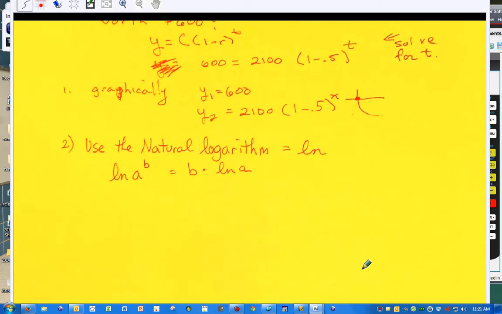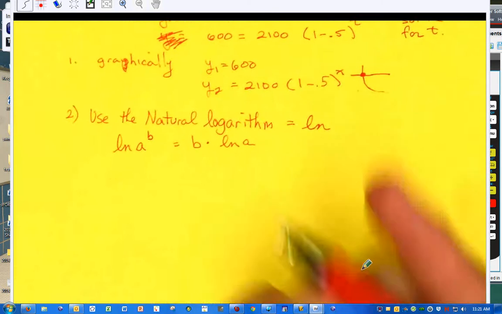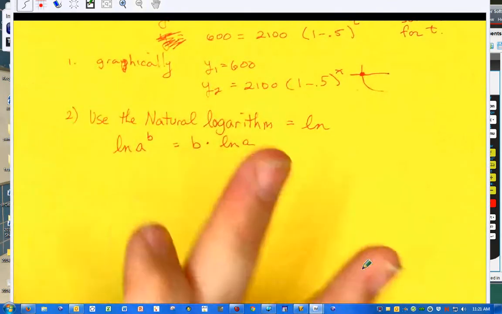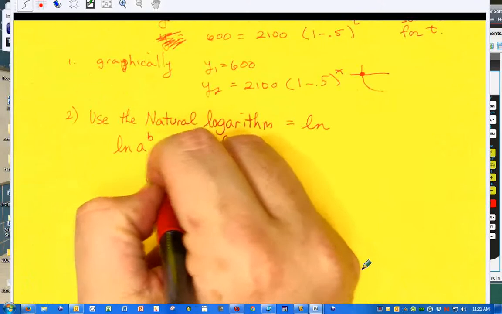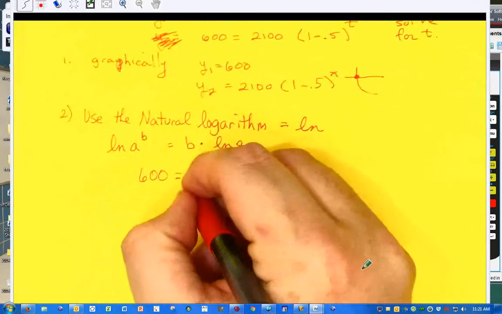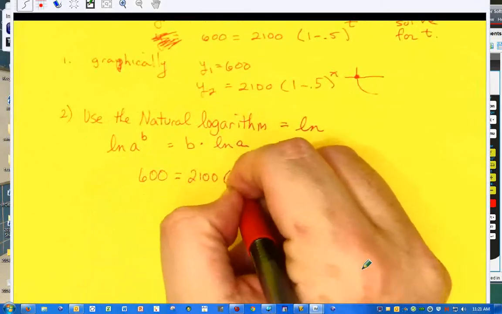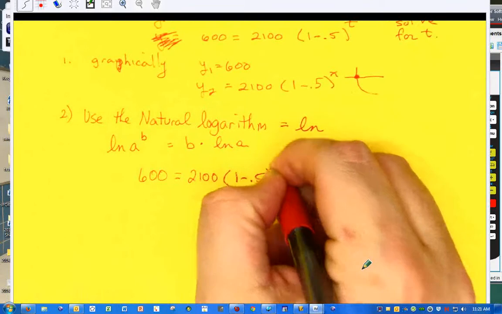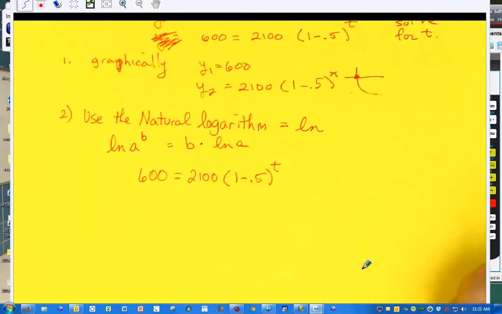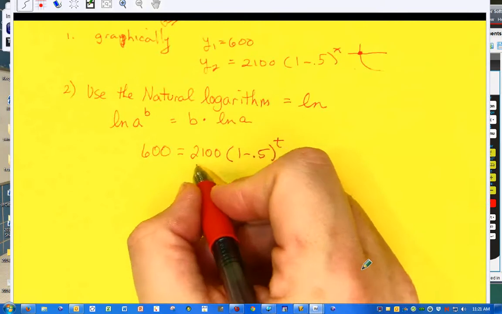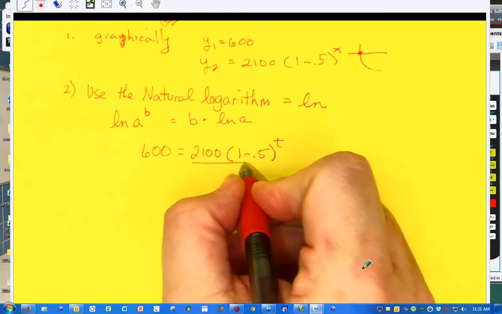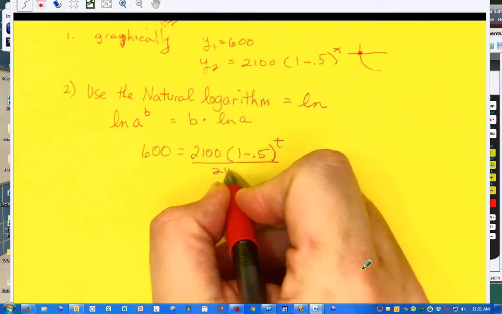We'd have 600 is equal to 2,100 times 1 minus 0.5 to the t power. What I want to do is first divide everything by 100. So that's first. Divide by c.